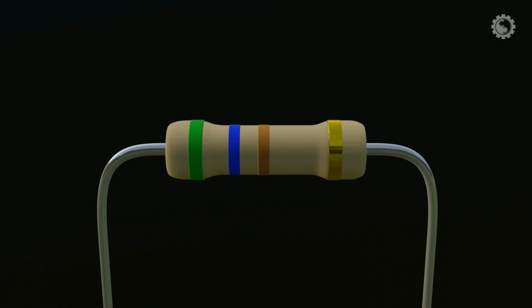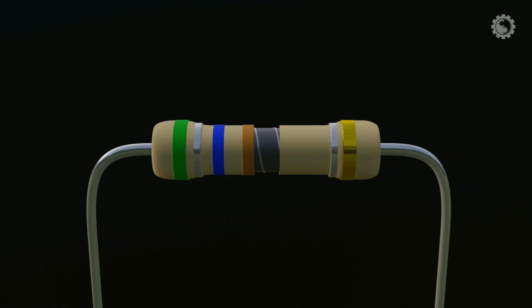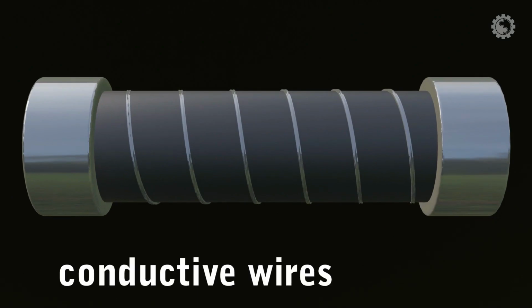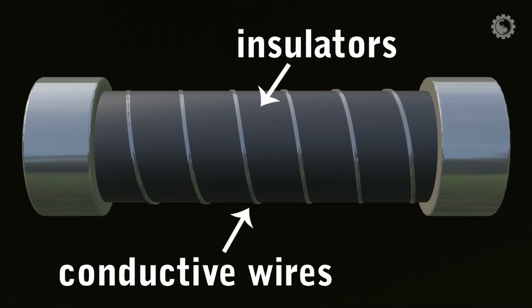Most resistors are made up of wire wounds. That means inside, they consist of a conductive wire wound around an insulating middle, like ceramic. With other resistors, rather than a physical wire wound around, it's just a spiral of carbon film.